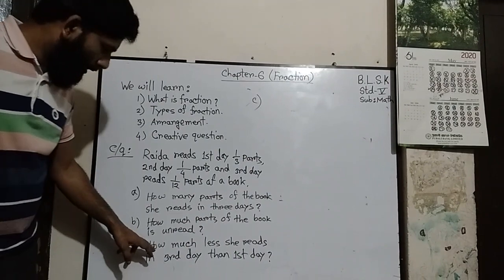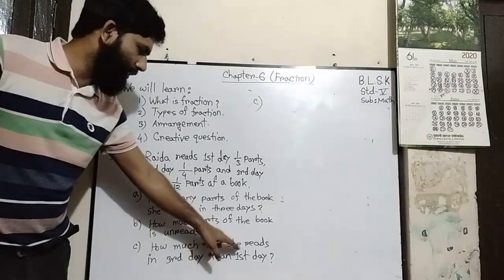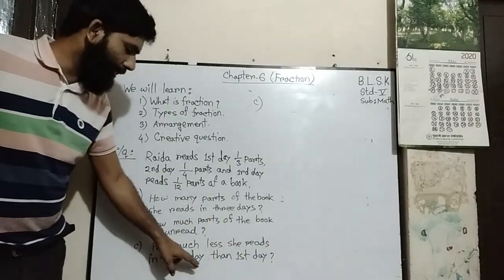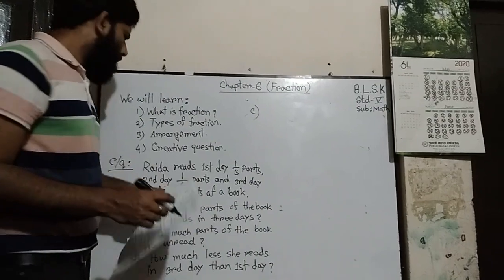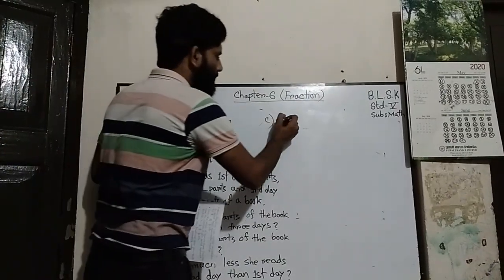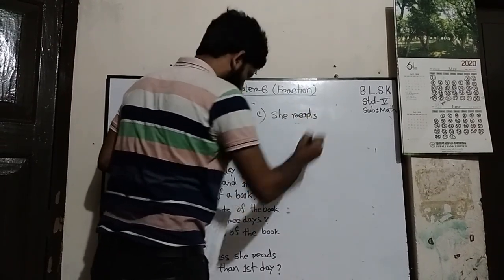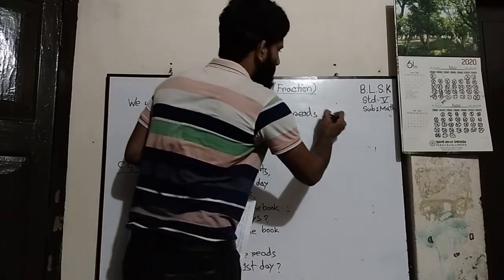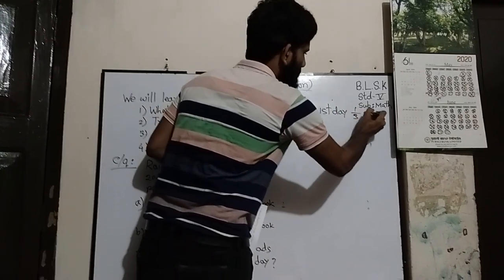Read this one very carefully. How much less does she read on the third day than on the first day? Okay, the comparison between the first day and the third day. How much part does she read on the first day? 1 by 3 part.